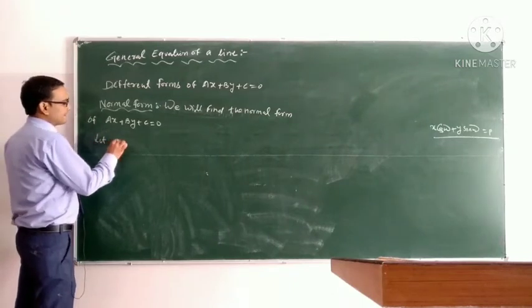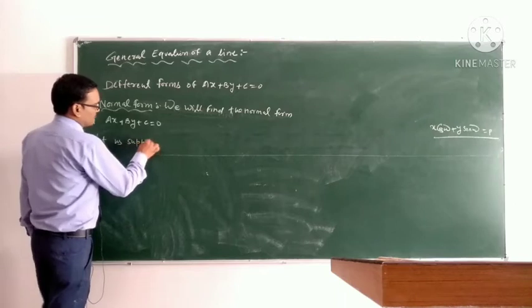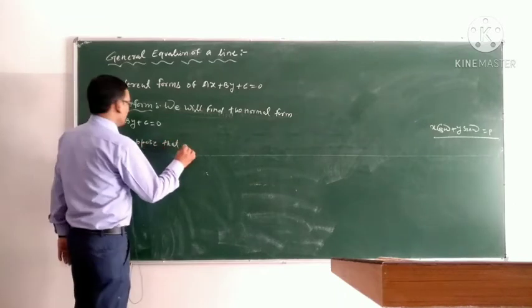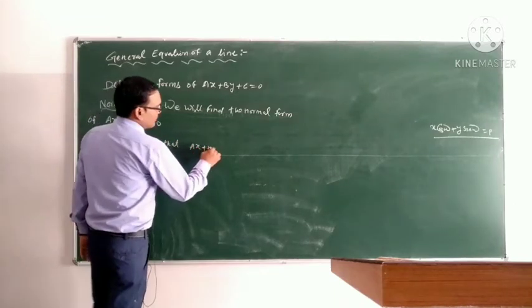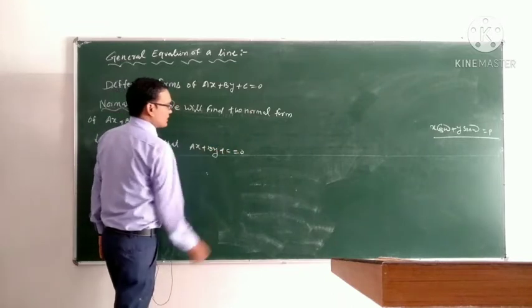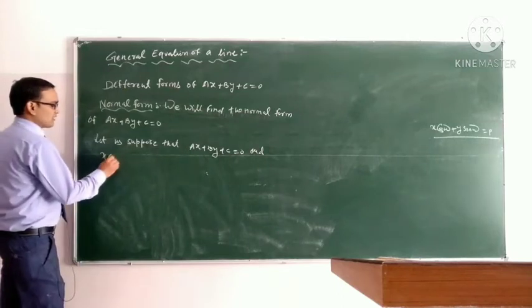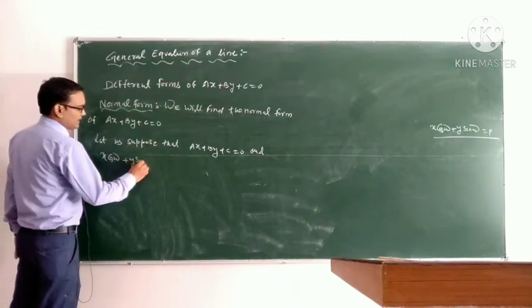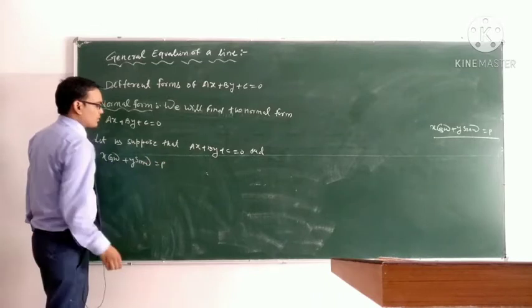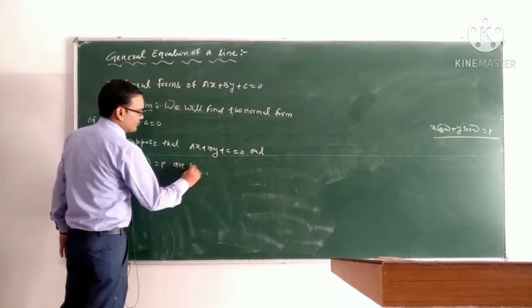Let us suppose that ax plus by plus c equal to 0 and x cos omega plus y sin omega equal to p are the same.